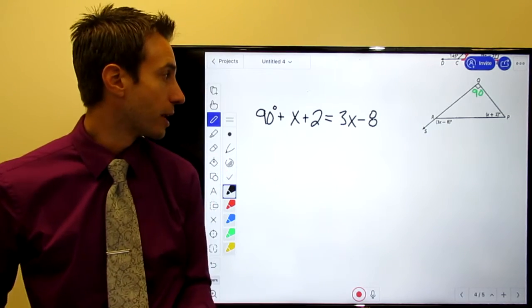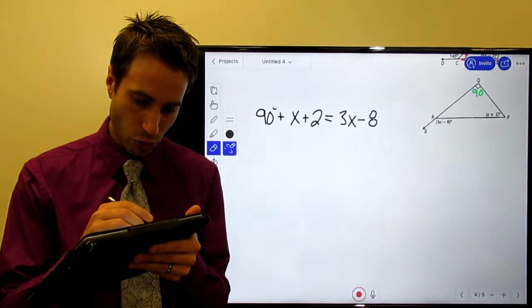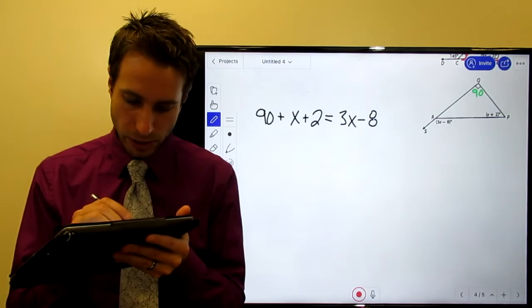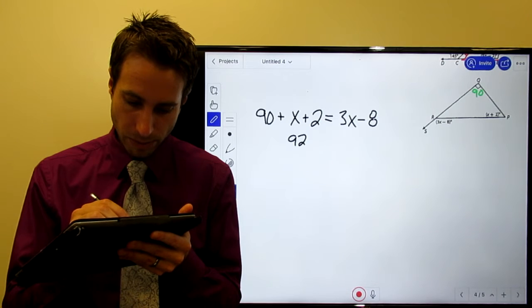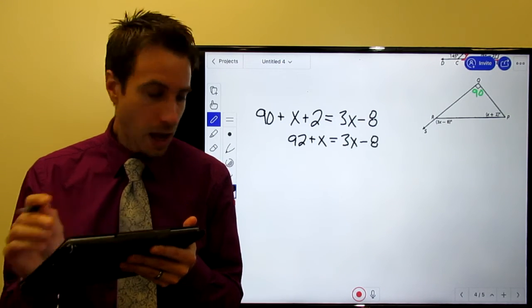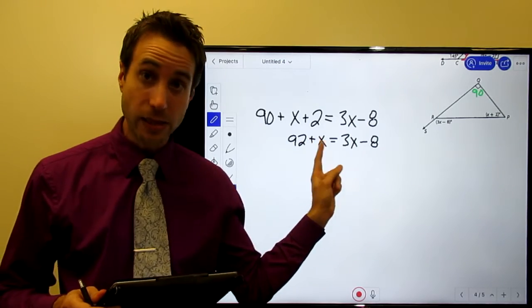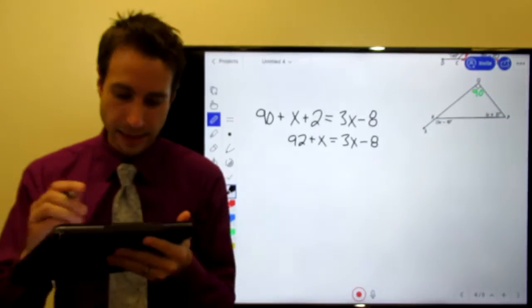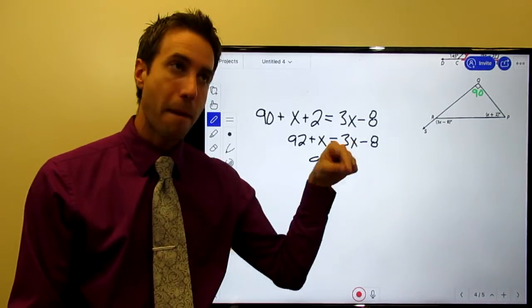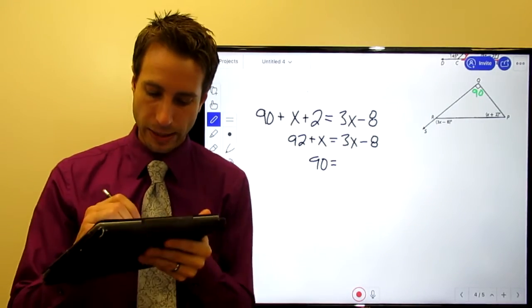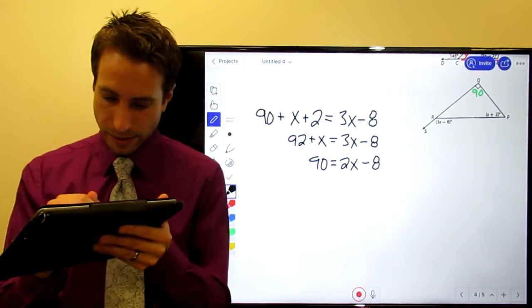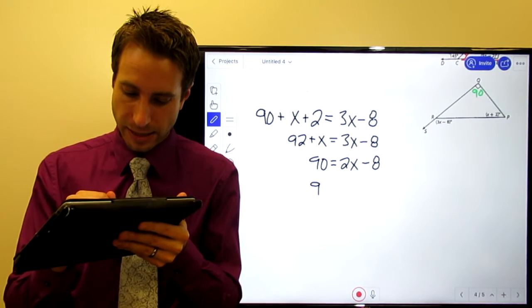Let's go ahead and solve this. 90 and 2, how about 92, plus x. I'm going to subtract the x to the other side. So 90 is equal to 3x minus x, 2x. Add the 8. Well, that's 90 plus 8 is 98.